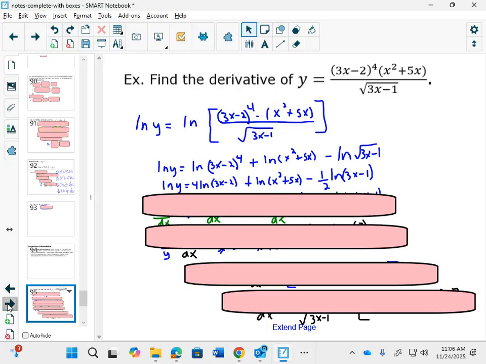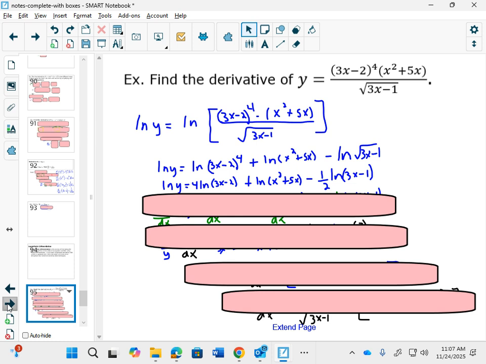So by applying the natural log of both sides, we went from the original having quotient rule, product rule inside of quotient rule, and two chain rules inside of that, doable but complicated, to now having implicit differentiation with just chain rules. That's the only thing that's in those natural logs.